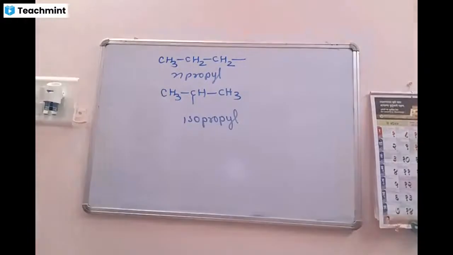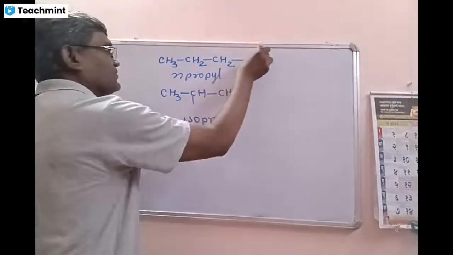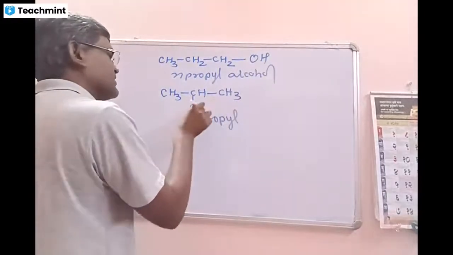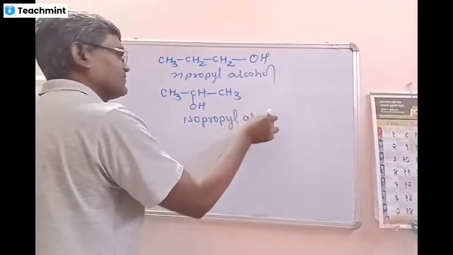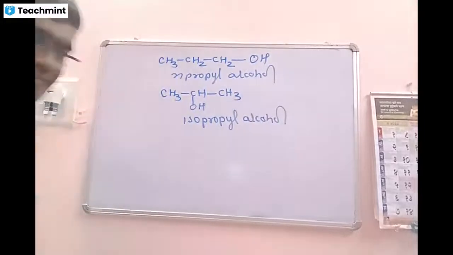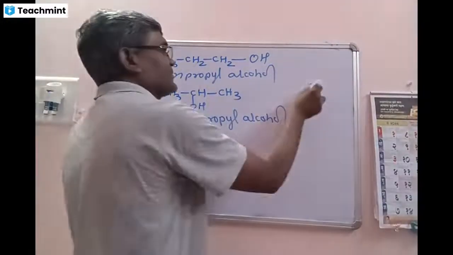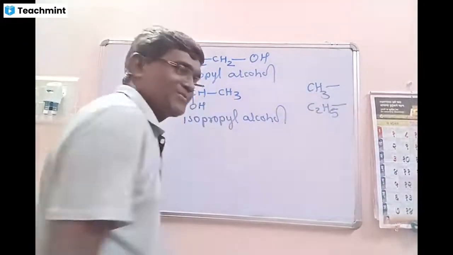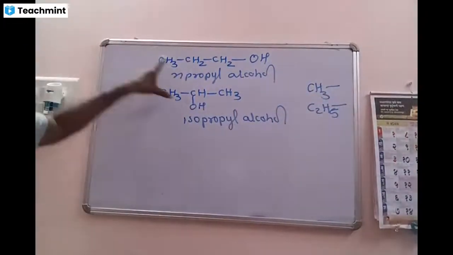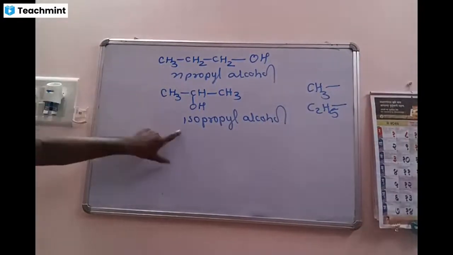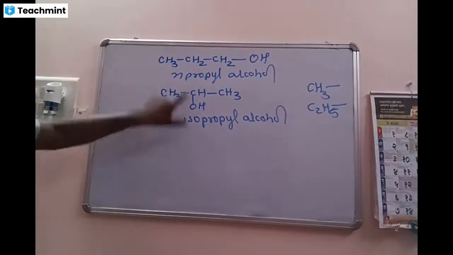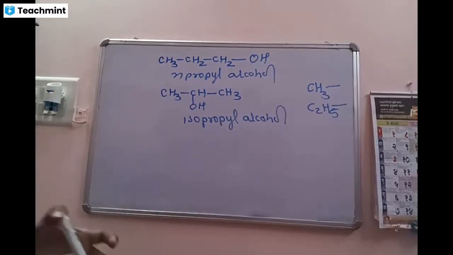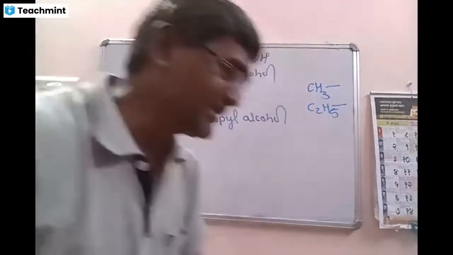Now, if we have that functional group as alcohol, if we have this carbon with OH, then this is alcohol. ये तो सभी जानते हैं इसको मिथिल बोलते हैं और इसको इथिल बोलते हैं. इसमें हमारा कोई प्रॉब्लम नहीं होता, right? But these are the two that are obtained from propane, that is n-propyl and isopropyl. Similarly, हमारे पास ब्यूटेन के 4 अल्किल ग्रुप हम बनाते हैं. देखते हैं कौन से हैं.